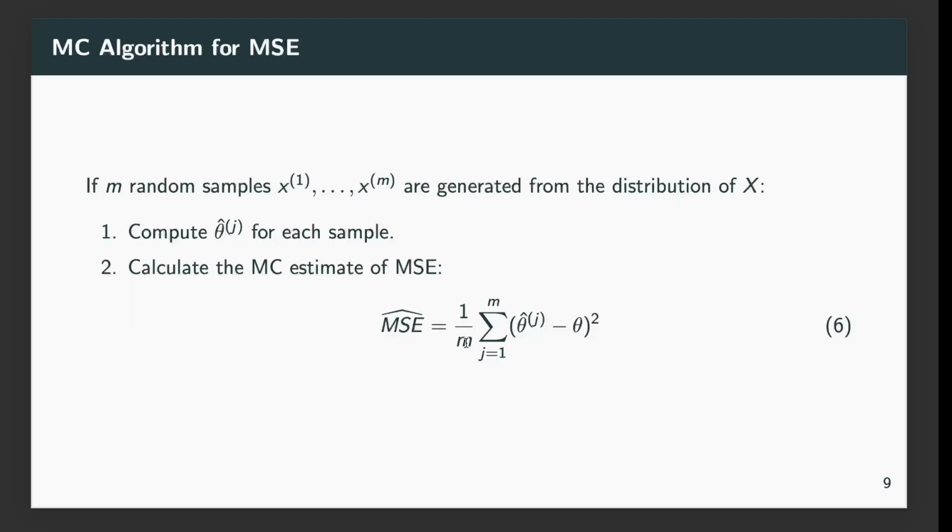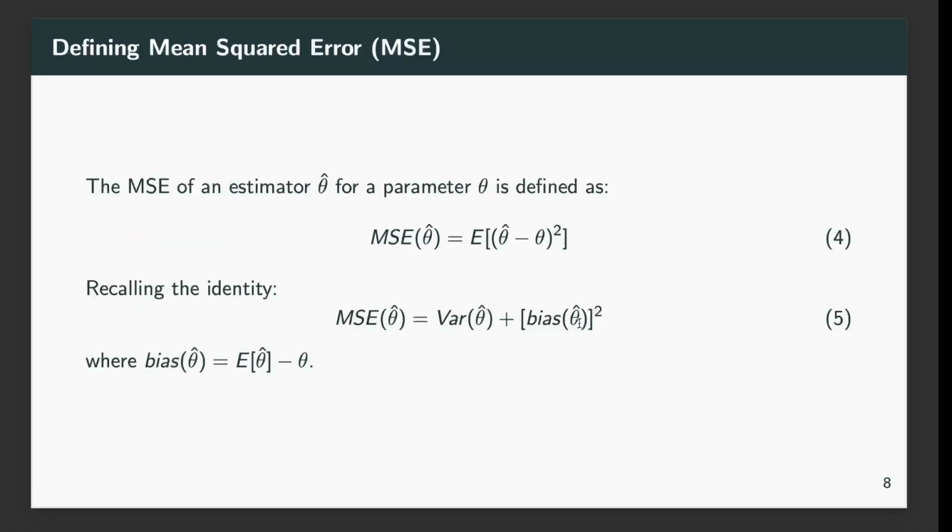I want you to notice the key difference from the simple Monte Carlo estimation. Here we subtract the known true parameter value theta, and not the sample average theta bar.